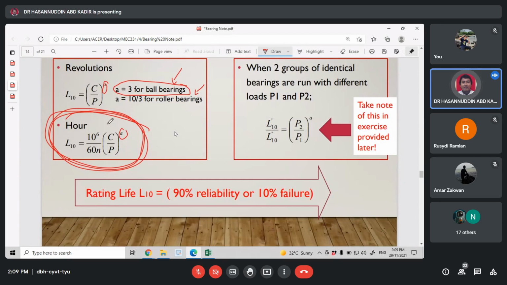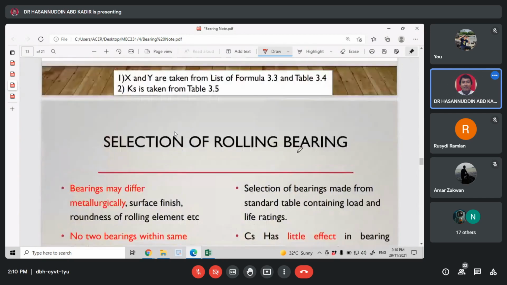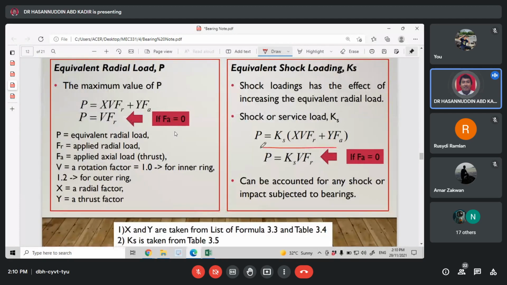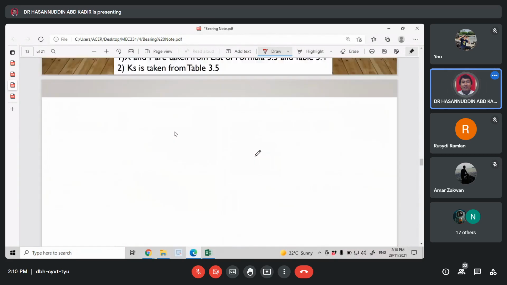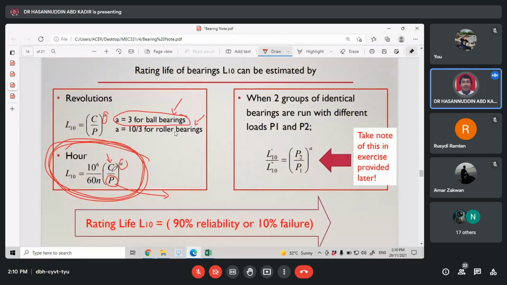Normally we can get the value of C here from the table, and the value of P from the formula up here. Because they already gave you that FA is equal to 0, we can directly apply this formula. Ks we know, V also we know, FR also we know. So we can easily get the value of P, then we can put it into this formula.